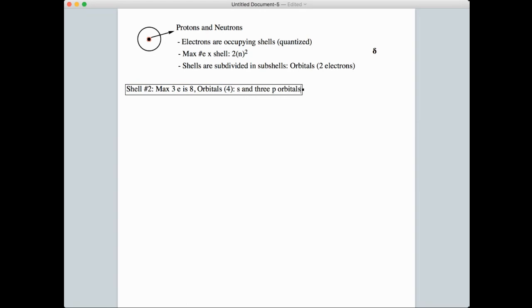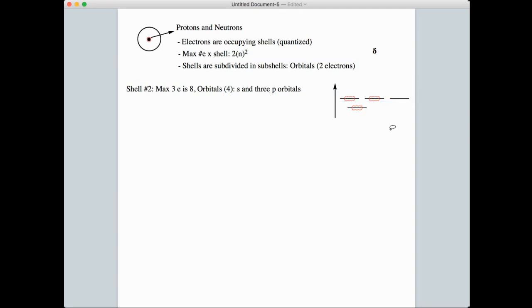And remember how we discussed that the s orbital is slightly lower in energy as compared with the p orbitals, and the p orbitals being degenerate orbitals. So they have exactly the same level, okay?